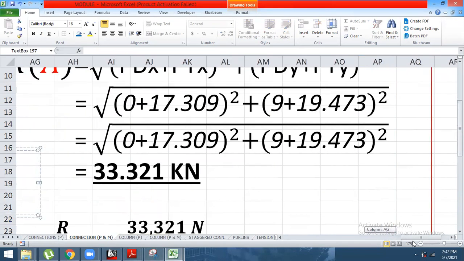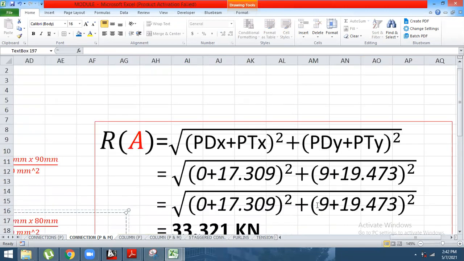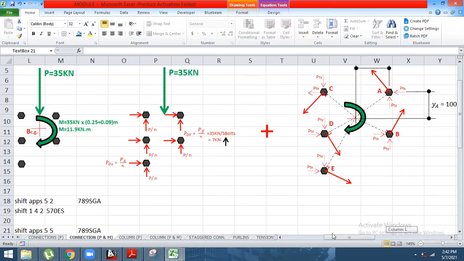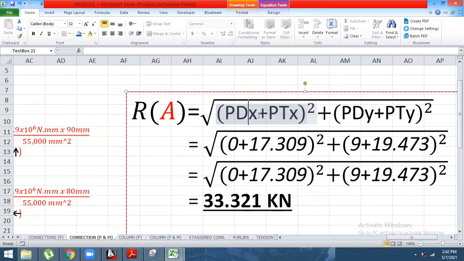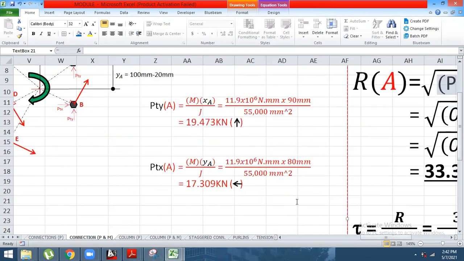Okay, solving now for the shear resistance, we are just going to make a resultant: the square root of PDX, direct x, plus PTX, torsional x, squared, plus PDY, direct y, plus PTY squared. Since PDX of the bolt is 0, that is 0 plus PTX. Our PTX is 17.309.